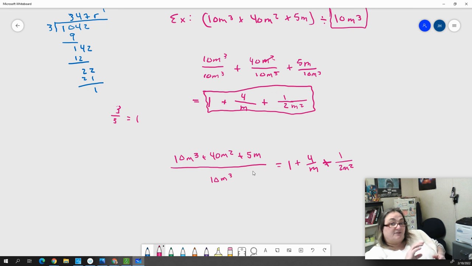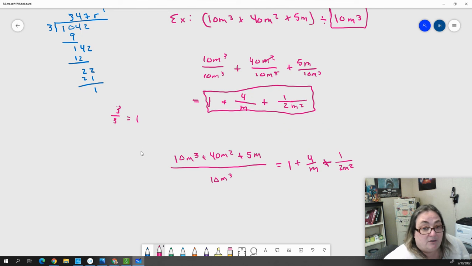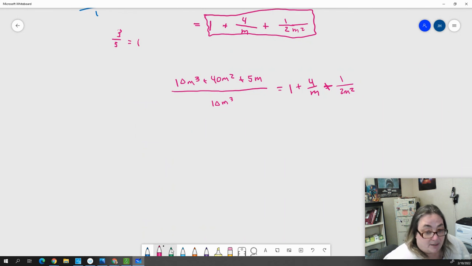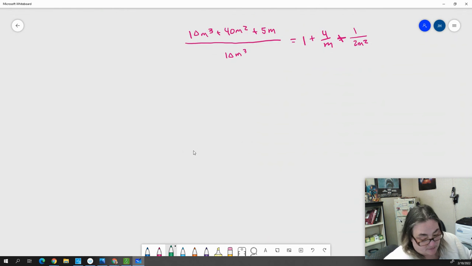But I always think it's easier if you break it up so that you could play with it. You could cross things out where you need to and see what's left. And that's really all there is to it when you're dividing by a monomial, right? One term. Like if we looked at 2a to the 4th plus a cubed plus 2a squared divided by 10a, we would basically do the same thing.